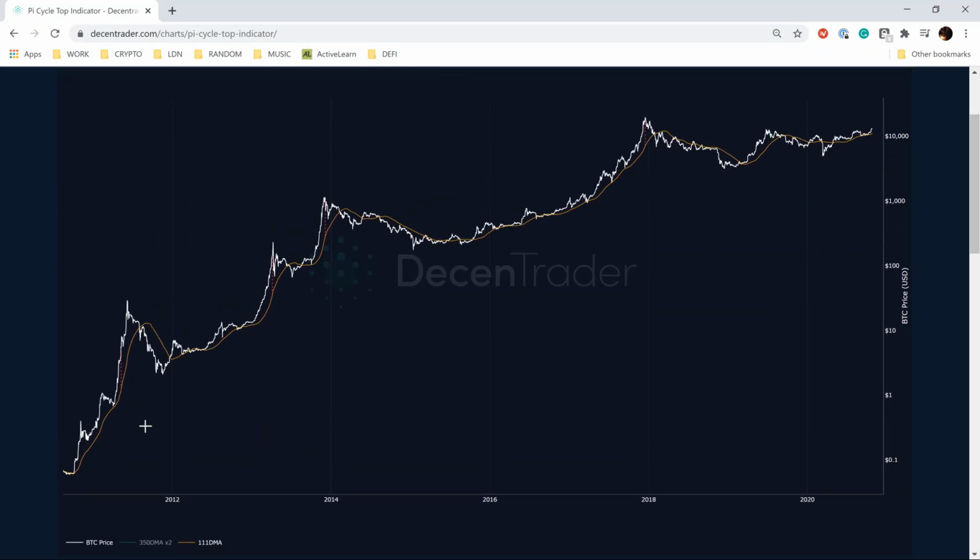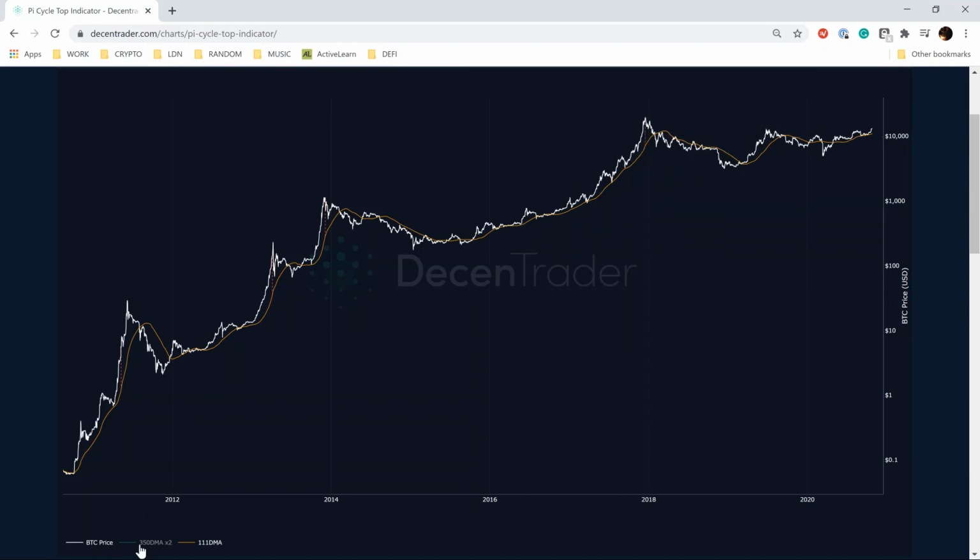And we also use the 350-day moving average times 2 multiples. If you saw last week's video on the golden ratio multiplier, you'd have seen me talk about this 350-day moving average, which is pretty much the 1-year moving average for Bitcoin, and why it's very important in Bitcoin's market cycles. When price breaks above the 350-day moving average, that tends to kick off a new bull market cycle.